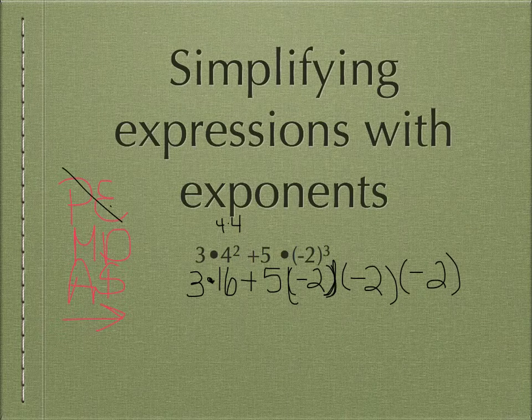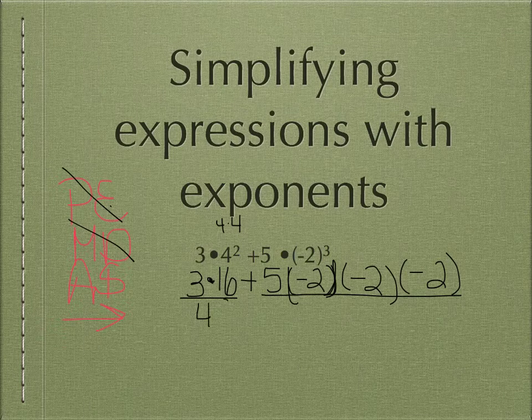Now let's deal with our multiplication and division from left to right. 3 times 16, and then this big chunk of multiplying. 3 times 16 is 48, plus, I'm going to just multiply through first. 5 times 2 is 10, 10 times 2 is 20, 20 times 2 is 40.